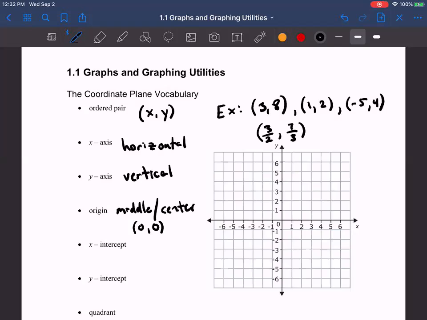After that, we have x-intercept. The x-intercepts are going to be the value or values, in some cases, where our graph crosses the x-axis.